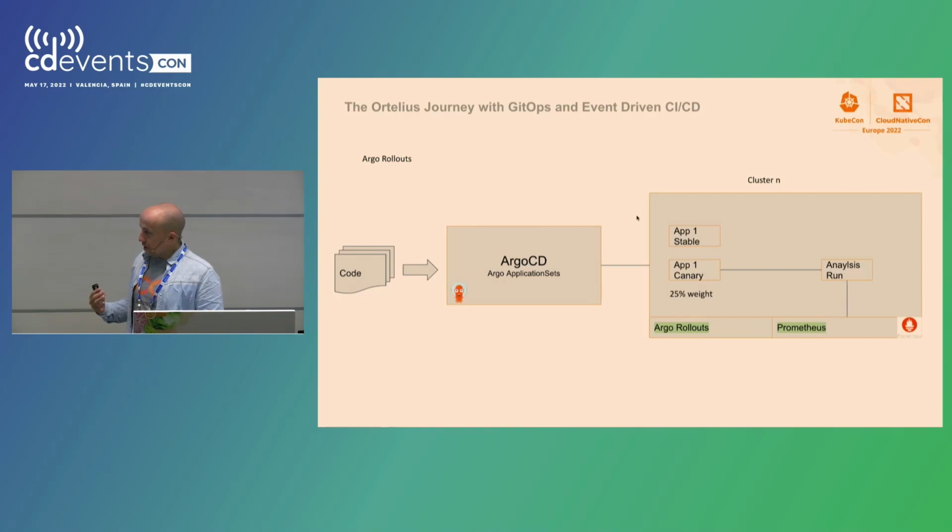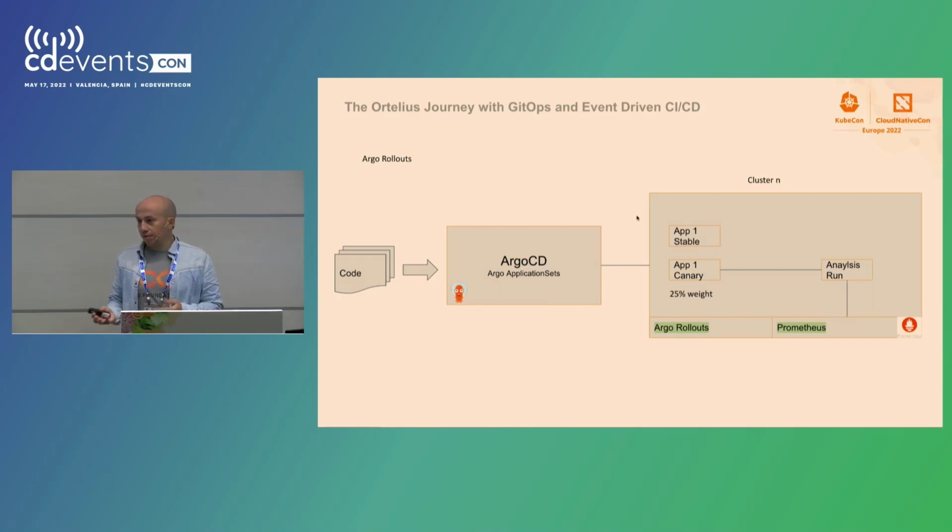Using Argo Rollouts enabled us to have canary deployments, and there's a concept called analysis run. What an analysis run does is, if you want to deploy 25% of your new app into the environment, then after the 25%, with the stable and the canary side by side, it will talk to Prometheus and say, hey, is this new app good?